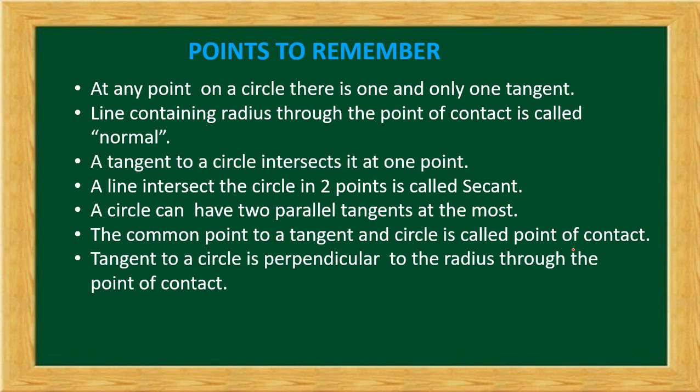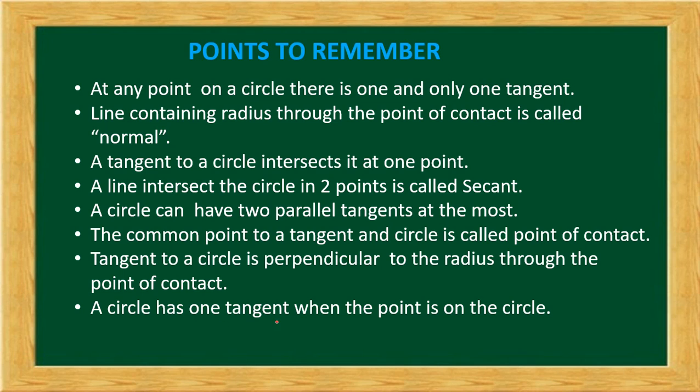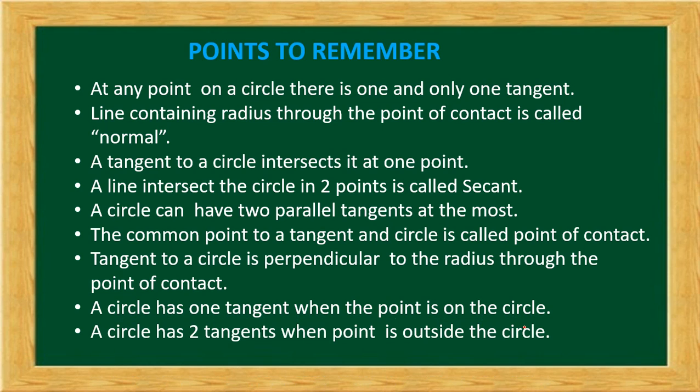Now the tangent to a circle is perpendicular to the radius through the point of contact. This theorem we proved. And a circle has one tangent when the point is on the circle, and two tangents when the point is outside the circle. So remember all these points, so it is easy to understand the chapter.